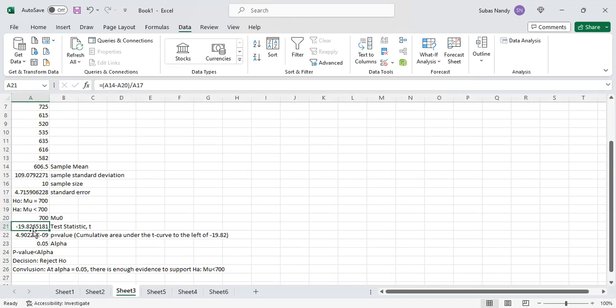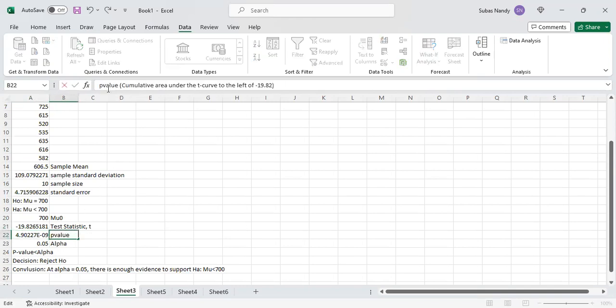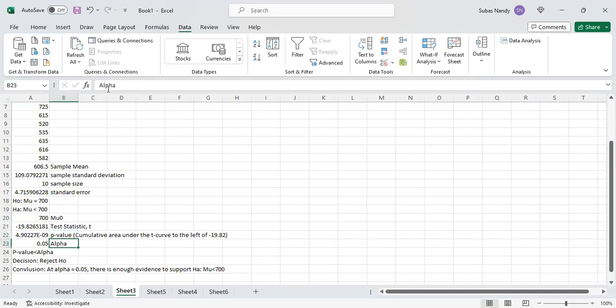Since this is a left tail test, we want to find out the cumulative area under the t-curve from negative infinity to minus 19.82. This will give us our p-value, okay? So that's our p-value.